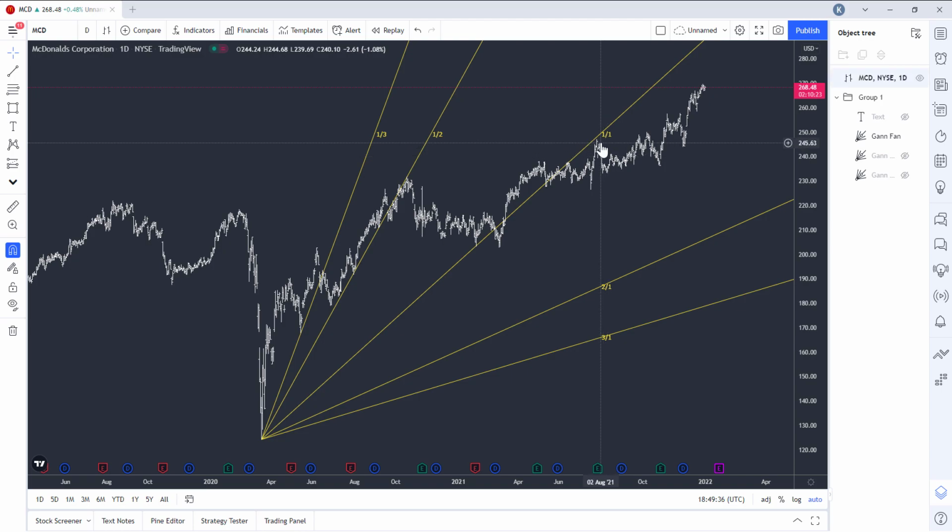Though I gave you enough information on how to draw these angles, I think you should do your own study. Then you can actually start to use it on the instruments that you trade.